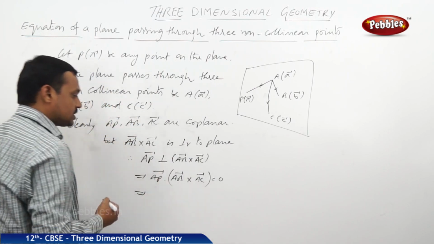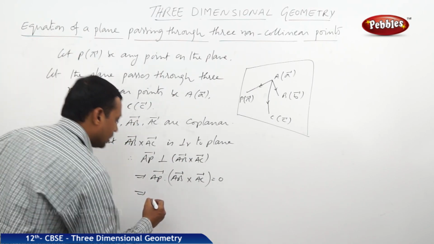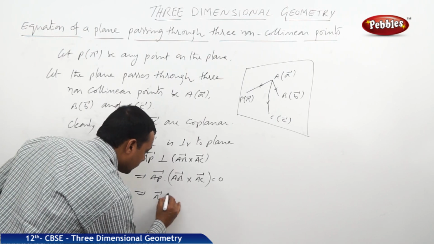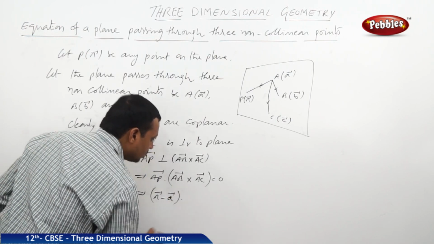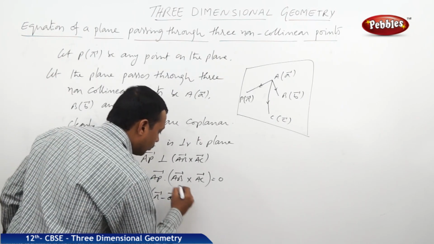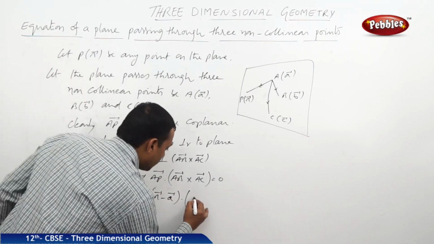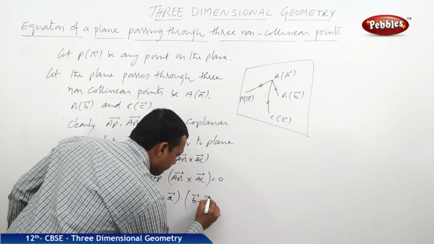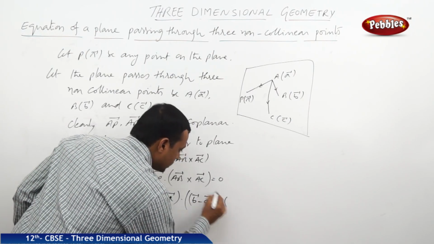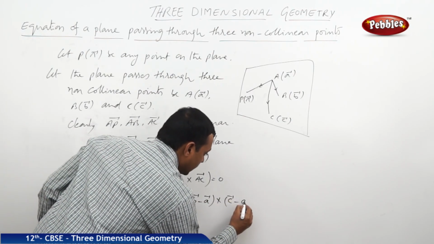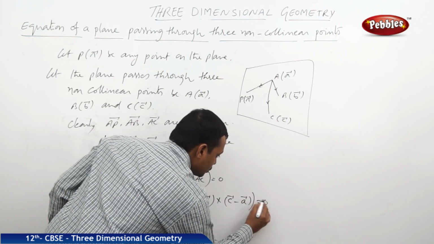Now AP vector is equal to OP minus OA, that is R minus A, dot AB vector. What is AB vector? OB minus OA, that is B minus A, cross AC vector, C minus A, is equal to 0.